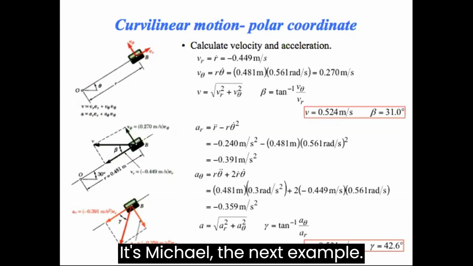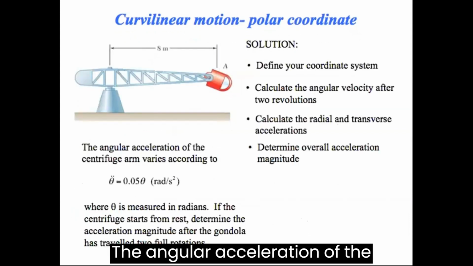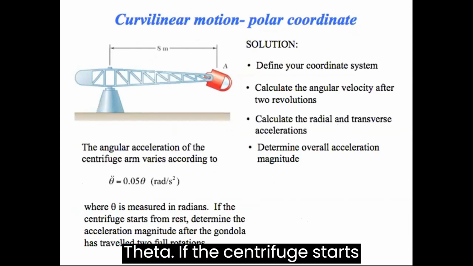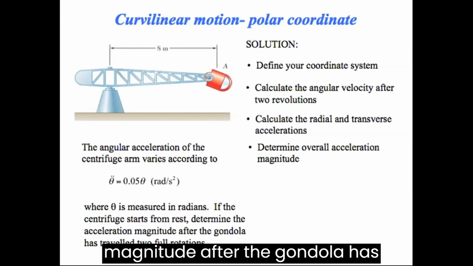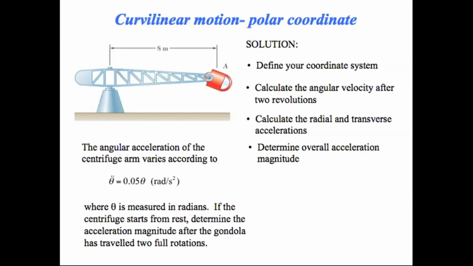Let's look at the next example. The angular acceleration of the centrifuge arm varies according to theta double dot equals 0.05 theta. If the centrifuge starts from rest, determine the acceleration magnitude after the gondola has traveled 2 full rotations.